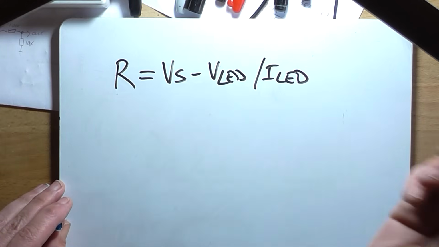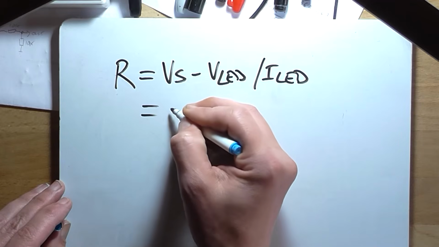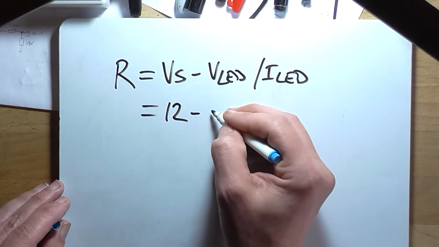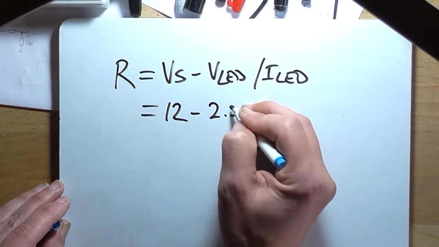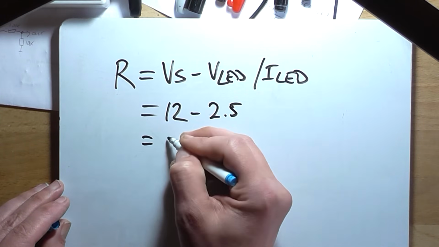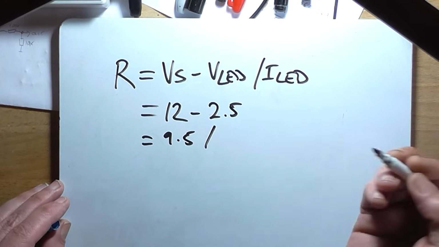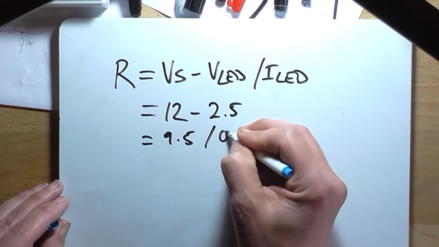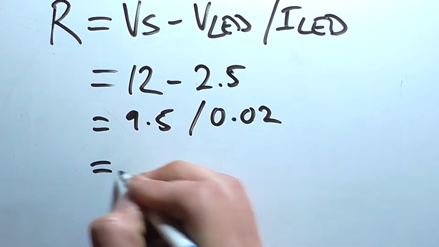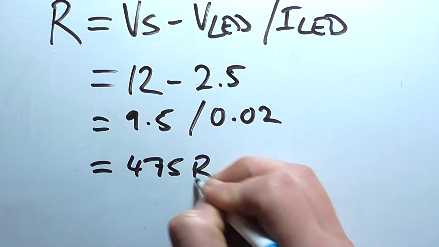So for our example here, we have our voltage supply of 12 volts minus the LED's forward voltage, which was 2.5. That's going to equal 9.5 divided by our desired current. I'm going to say 20 mA, so 0.02, which equals 475 ohms.